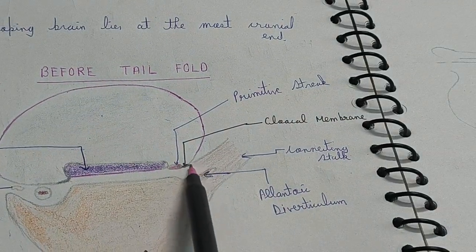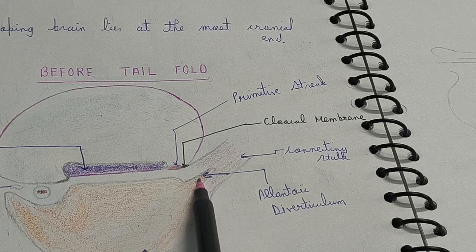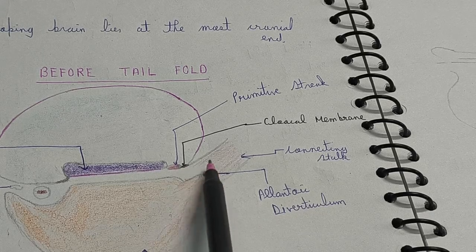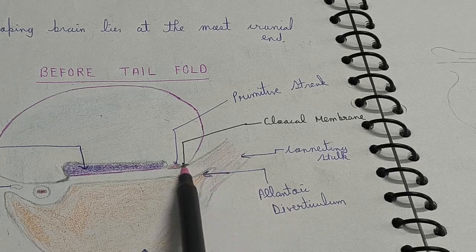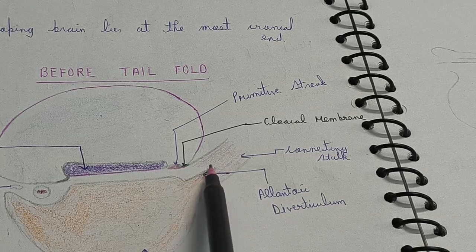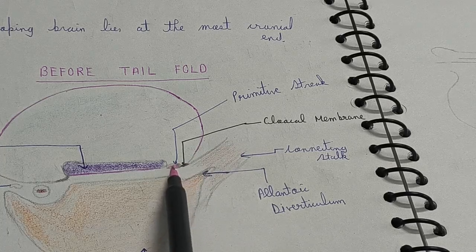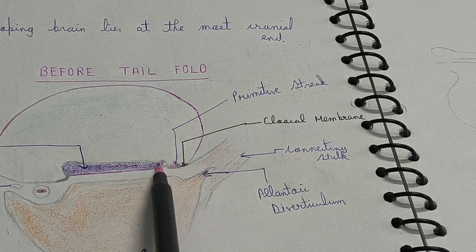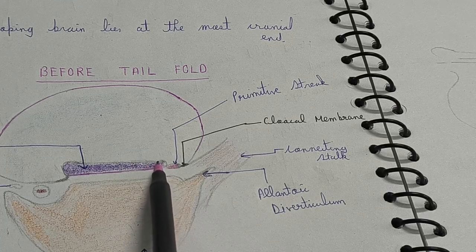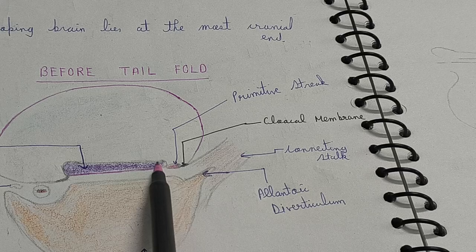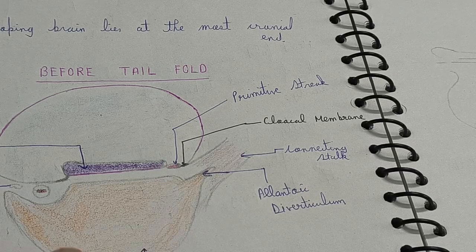The cloacal membrane, allantoic diverticulum, and also the connecting stalk, all these structures lie caudally with respect to the primitive streak, and the caudal end of the neural tube does not lie at the extreme caudal end of the embryonic disc.